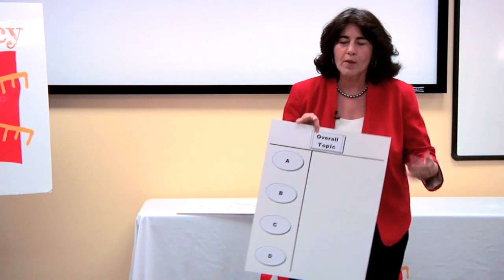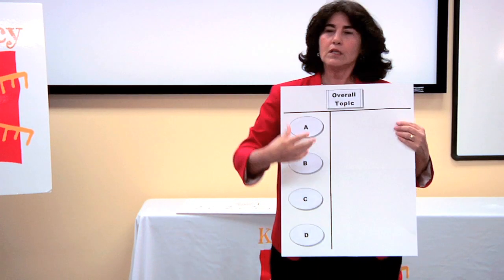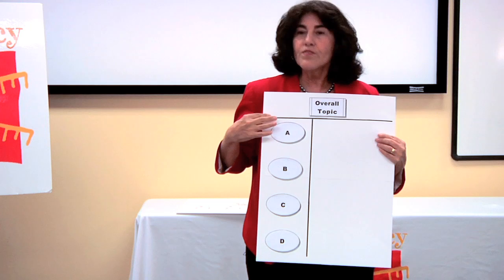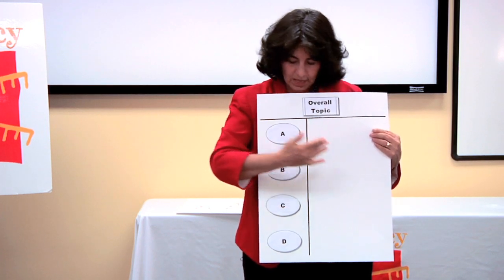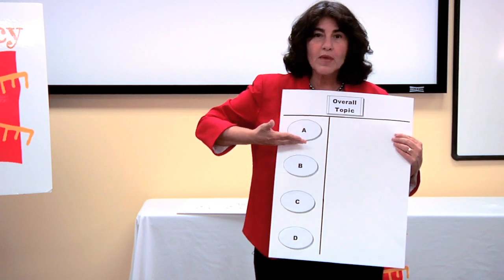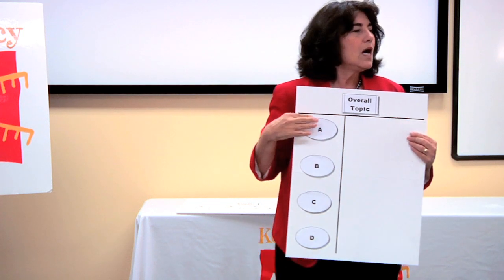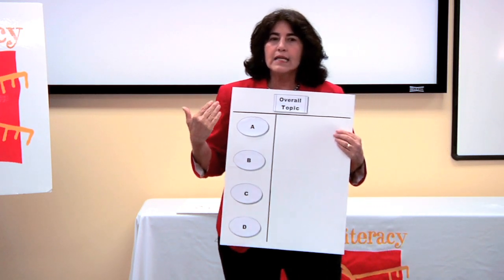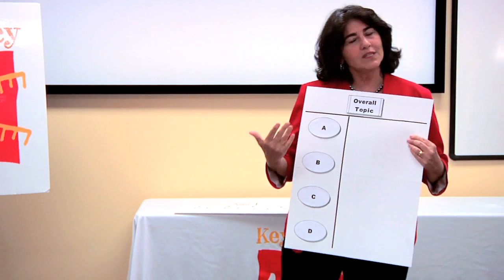So let's talk about a few other advantages of this format. First, as I mentioned, it really separates. The other thing is, as you are adding your details here on the right side, it ends up leaving a lot of space between each of your main ideas, so they really pop out at you. The other thing is that two-column note is a really simple way to help kids study.